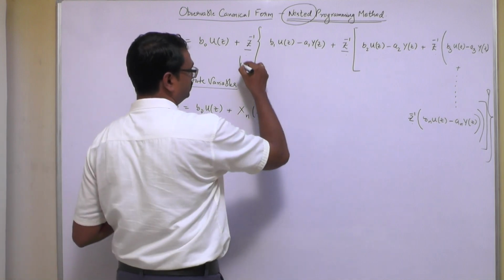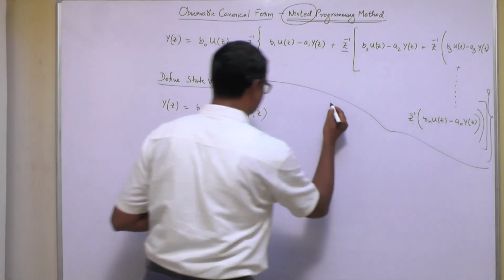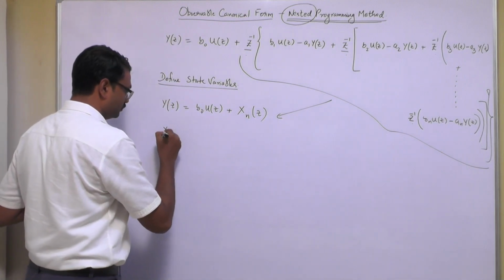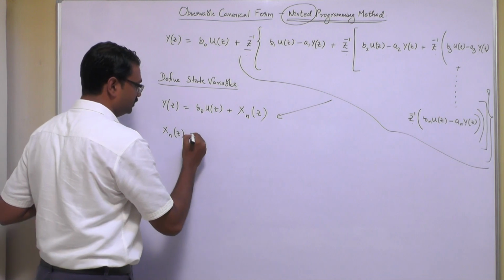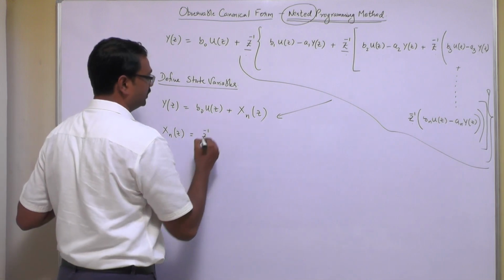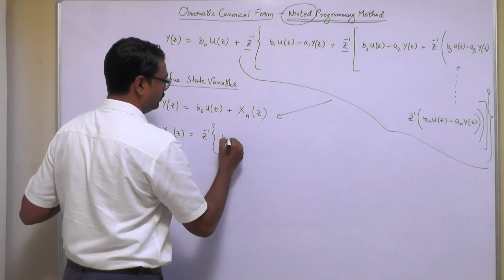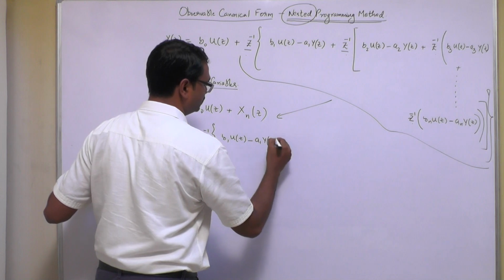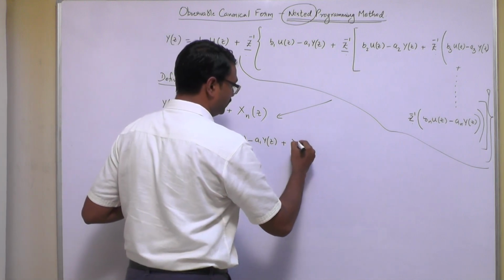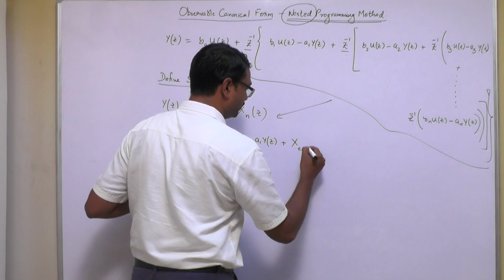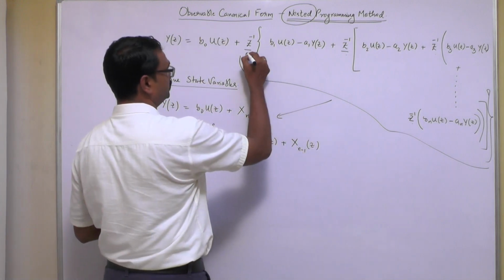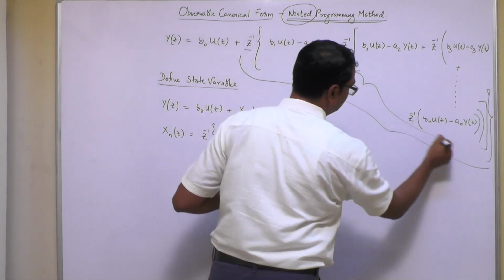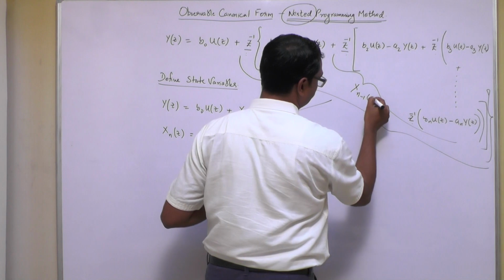Let me consider this entire equation as Xn(z). So Xn(z) = z^-1 (b1 U(z) - a1 Y(z) + Xn-1(z)), where I write this entire thing as Xn-1(z).